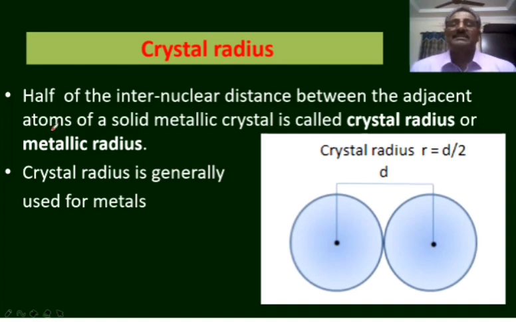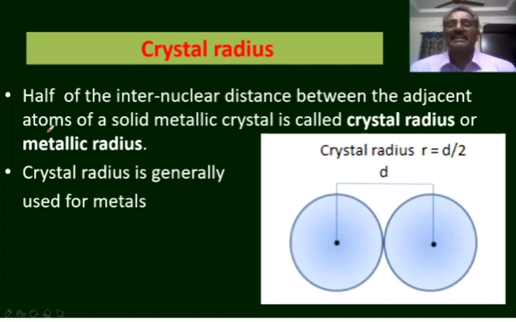In metals, the atoms of the metal are arranged in a three-dimensional manner. This kind of arrangement of metallic atoms in a three-dimensional manner is known as a crystal lattice.